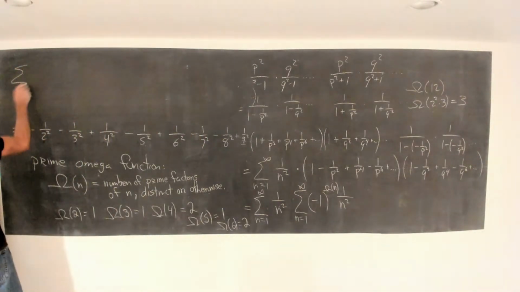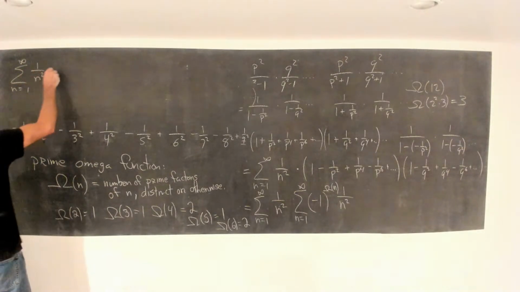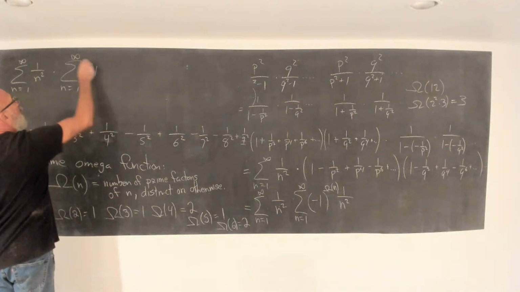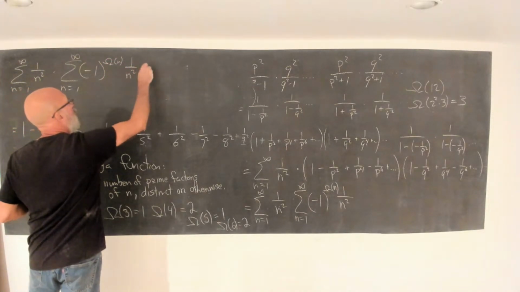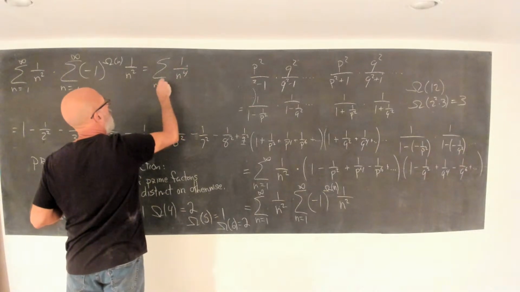So the series 1 over n squared times the series minus 1 to the omega n, 1 over n squared, gives you the series 1 over n to the 4.